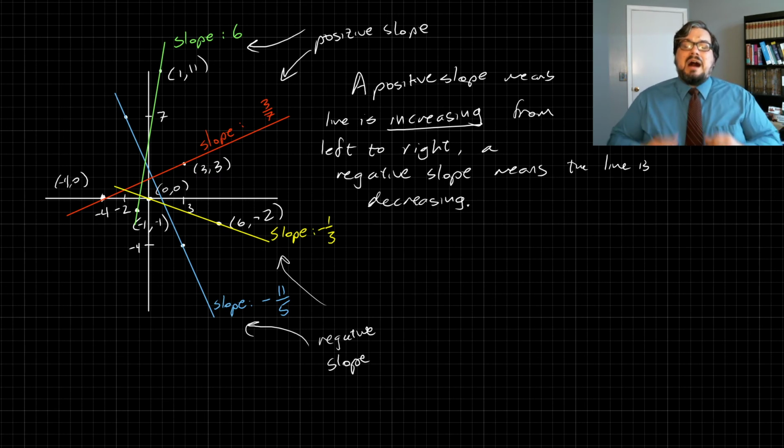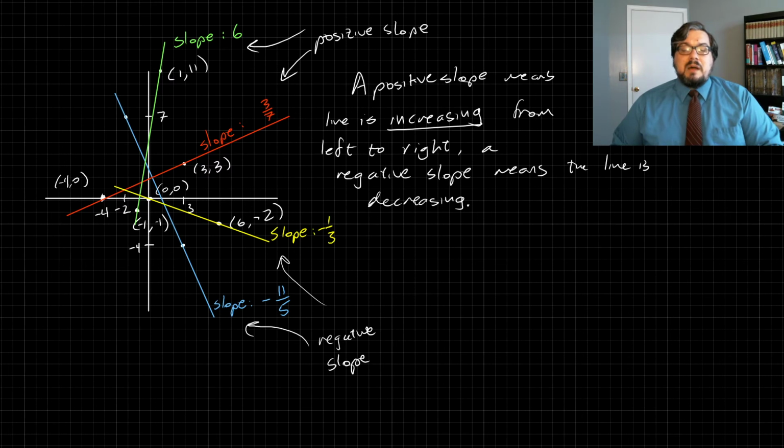Even among positive sloped lines, the actual value of the slope can tell us something, or it can help us to compare a couple of lines. So, for instance, let's look at the two positive sloped lines that we have here, the red and the green. The red line has a slope of 3/7, which is less than 1. The green line has a slope of 6, and so the green line has a slope that's significantly higher than the red line's slope.